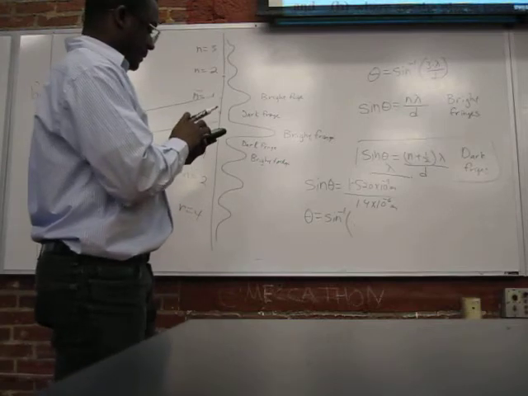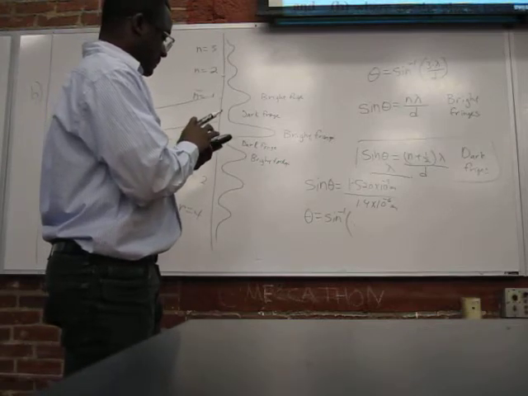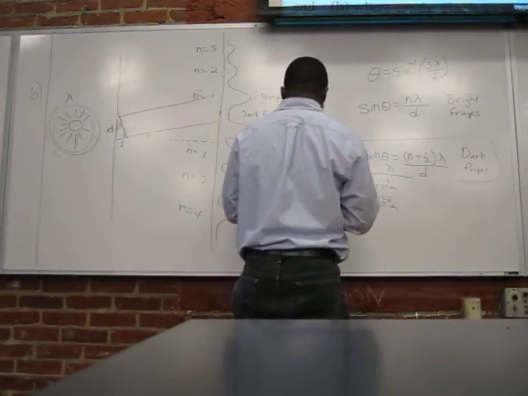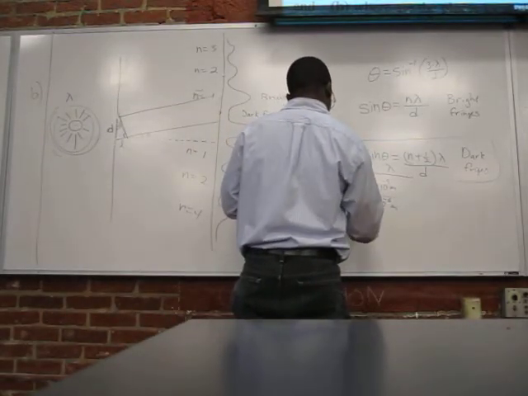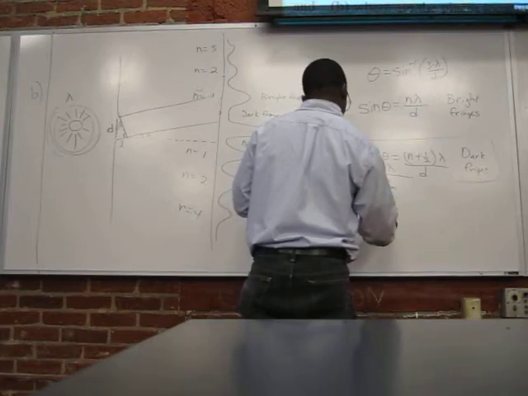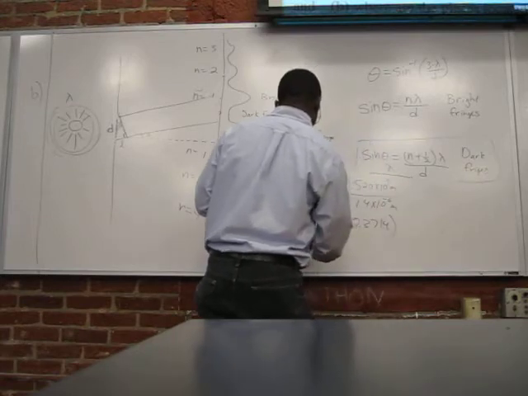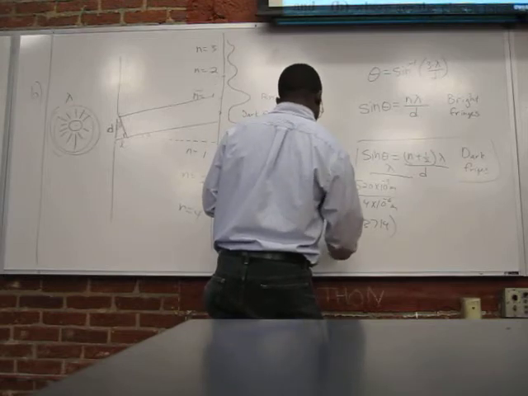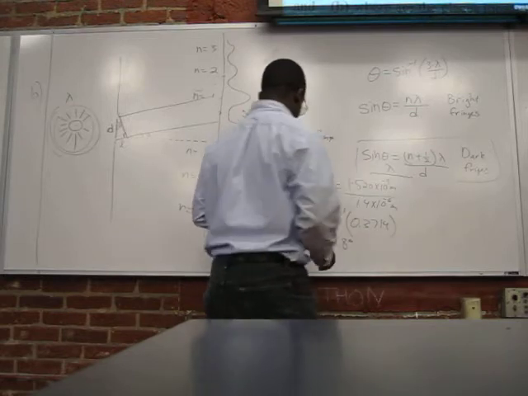Okay, and then get the inverse sine of that. I got 0.3714 something. And the inverse sine of that is 21.8 degrees.